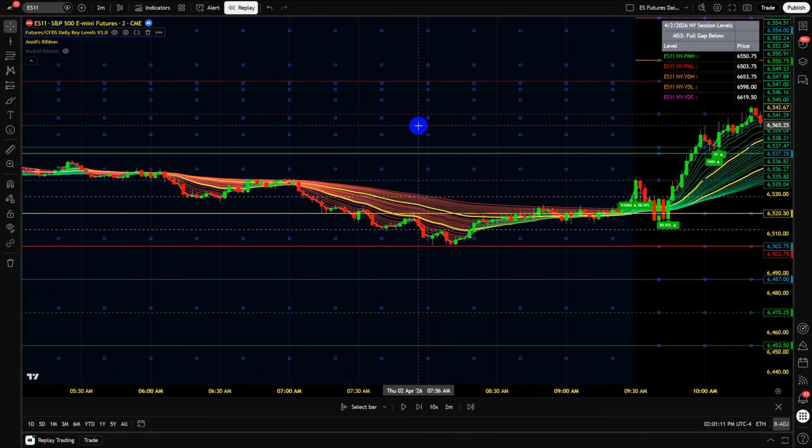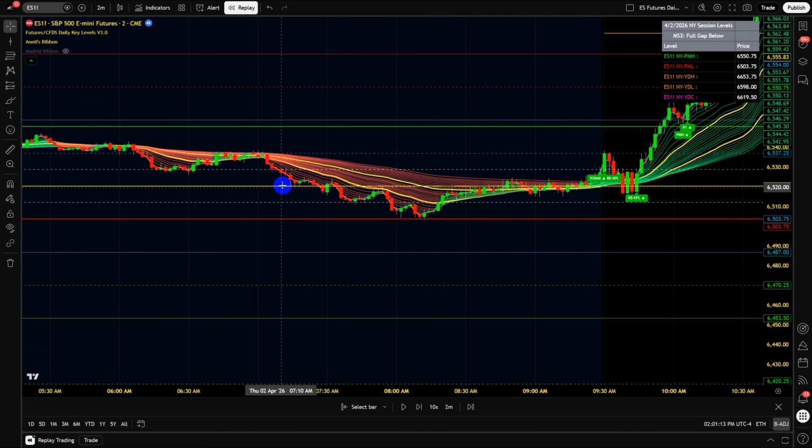When you have an actual red ribbon with a close below a main key level or primary contextual level, then that's different.